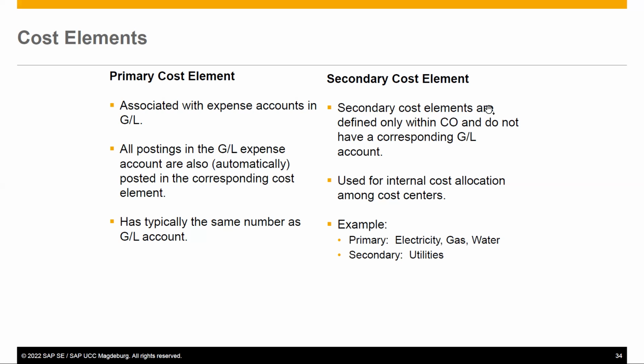And one cost center is saying, okay, can you give me this photocopy service? So they're talking to each other. It has nothing to do with the external accounting. So that is what we call secondary cost elements, which only work within the cost accounting. Is that clear, guys?